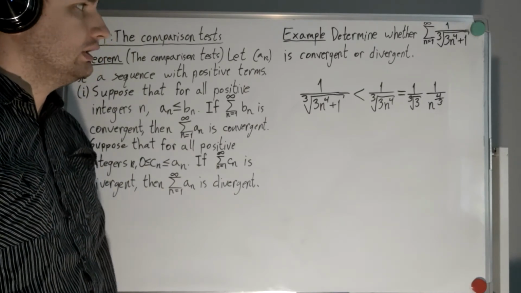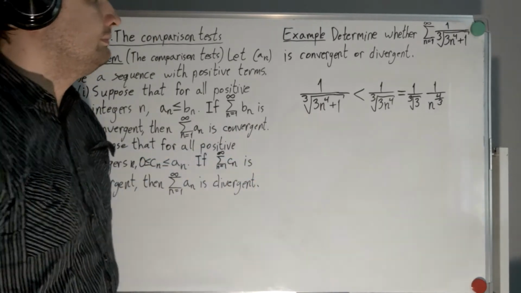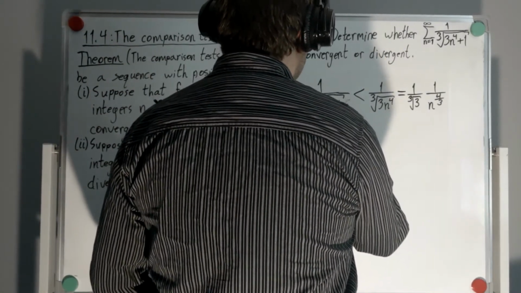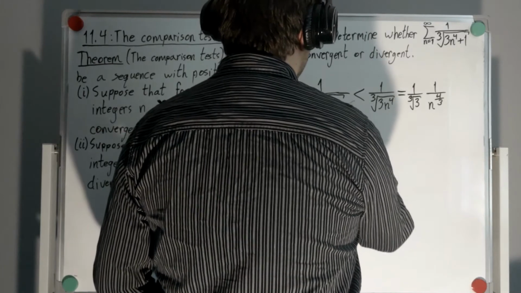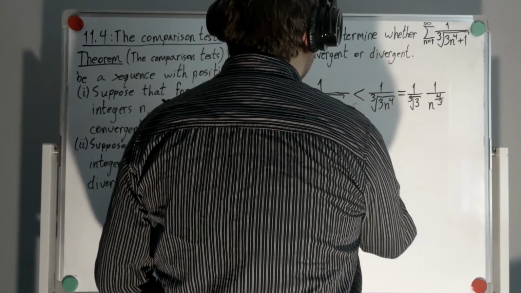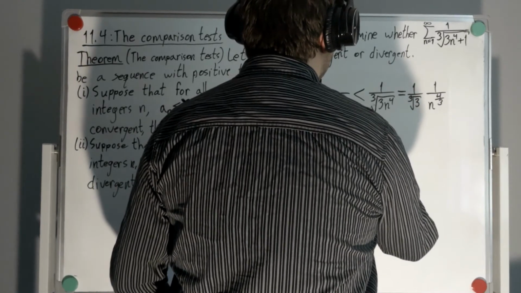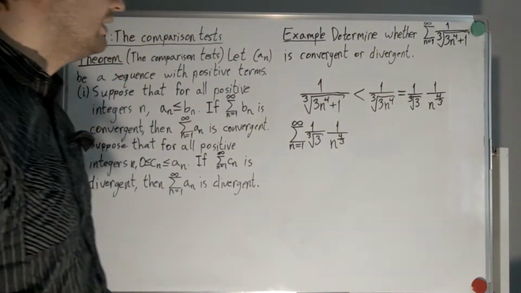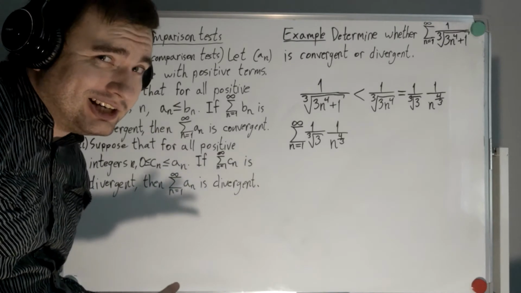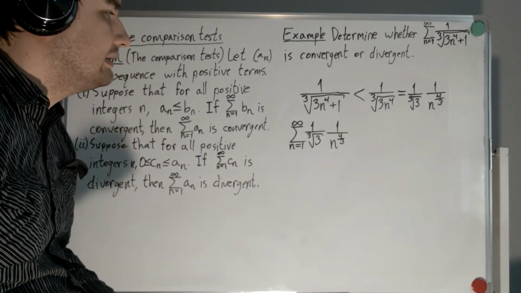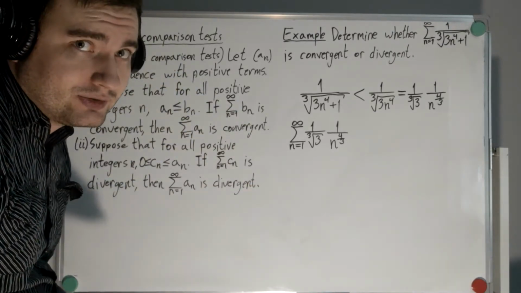Now, if we take the sum from n equals 1 to infinity of 1 over the cube root of 3 times 1 over n to the 4/3 power, well, it's not quite a p-series. Strictly speaking, though, it's a constant times a p-series.